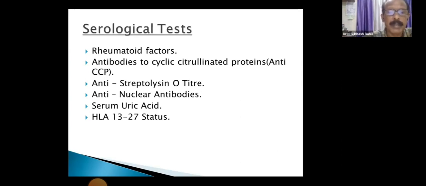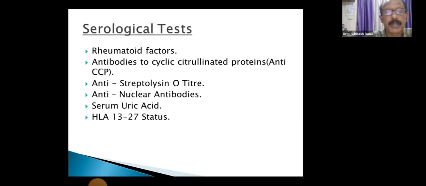Otherwise, if the patient has no criteria fulfilled at all, but the ASO is positive, then we can tell the patient that this is not rheumatic fever. It is a false positive result. You don't worry. In that way, you can interpret and clarify. That is about the ASO titer.